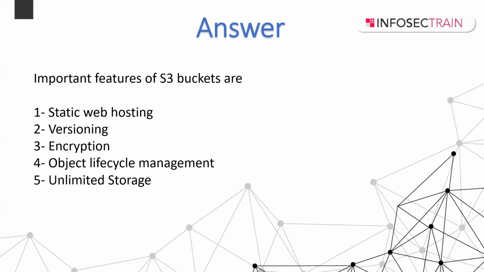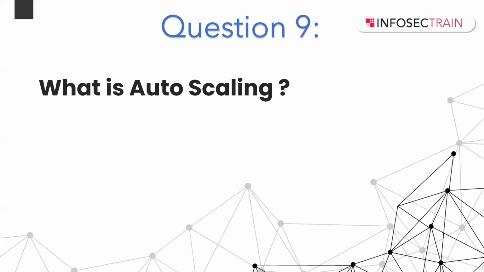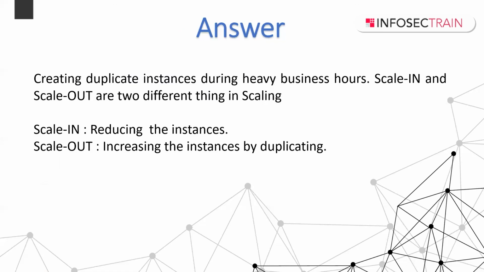Now team, moving on to the next question. What is auto scaling? Team, auto scaling is creating duplicate instances during heavy business hours. Take an example. You are hosting a shopping website, and you are going for a sale, summer sale or winter sale, whatever sale you want. Now you know that there will be a huge spike, right?